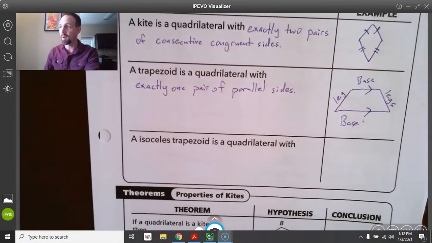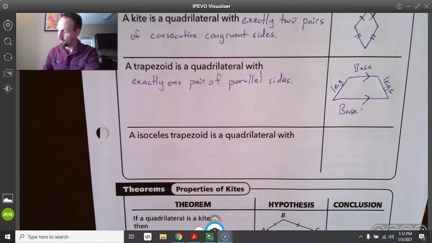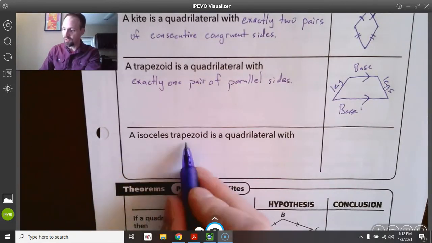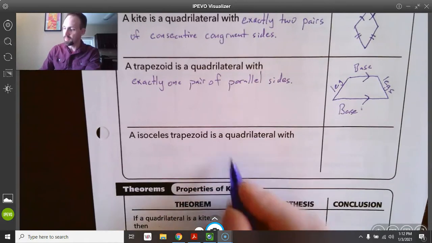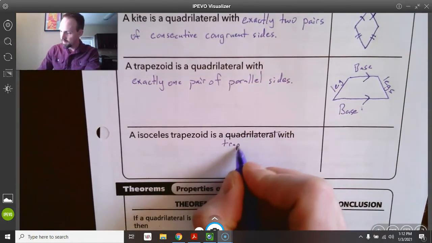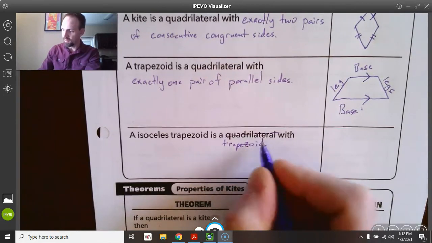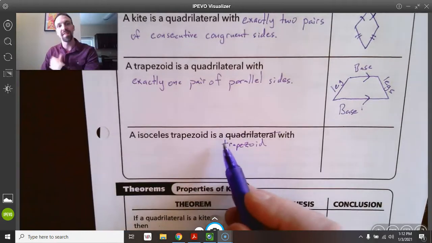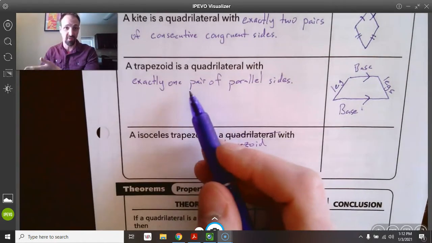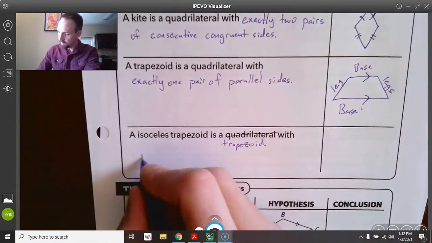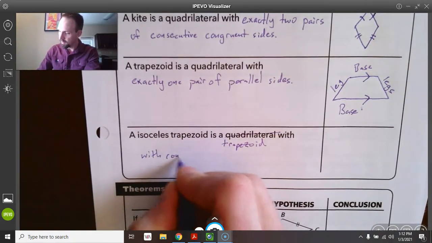An isosceles trapezoid is a quadrilateral, it's actually a trapezoid. We're talking about something a little bit more specific. So this is an isosceles trapezoid, we're saying that that's a trapezoid, so all the definitions of a trapezoid, exactly one pair of parallel sides, with congruent legs.